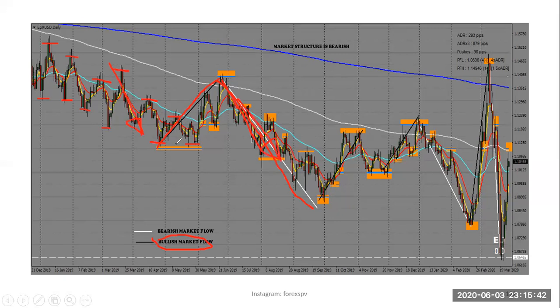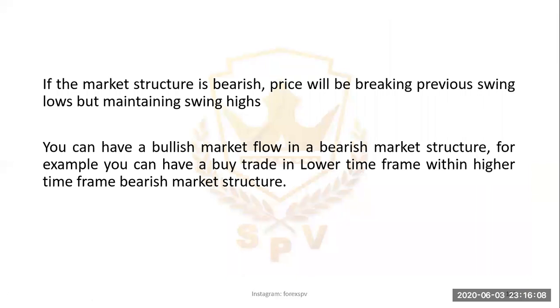So you should expect a short-term bullish, a long-term bearish, short-term bullish, a long-term bearish, short-term bullish, a long-term bearish. The bearish should take out the lows when you have a bearish market structure on the higher time frame, okay? Weekly and monthly.